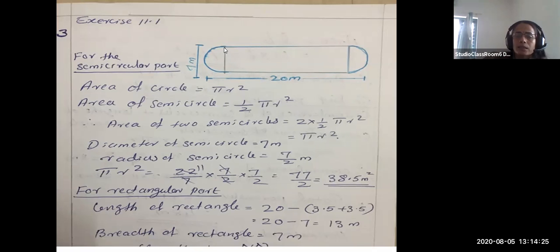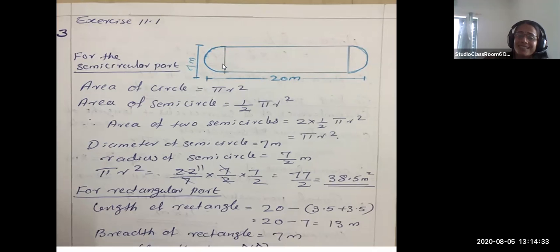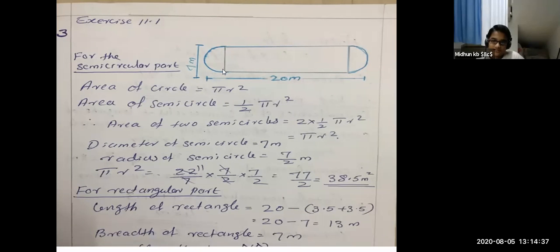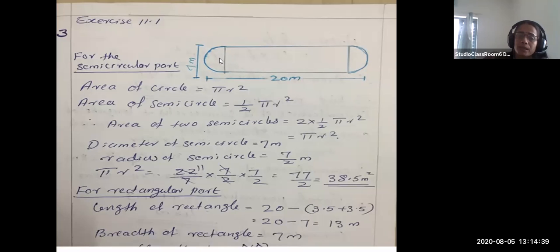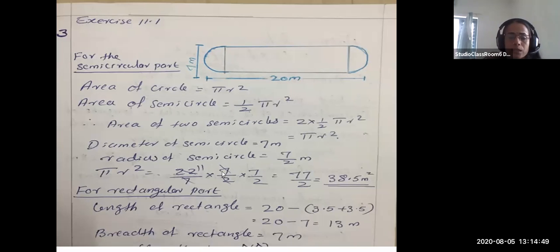And this is given 7 centimeter. What is this line? Not diagonal, it is the diameter. So 7 is the diameter, and the radius will be 7 by 2, that is 3.5.